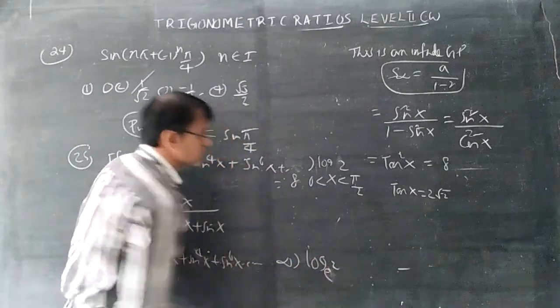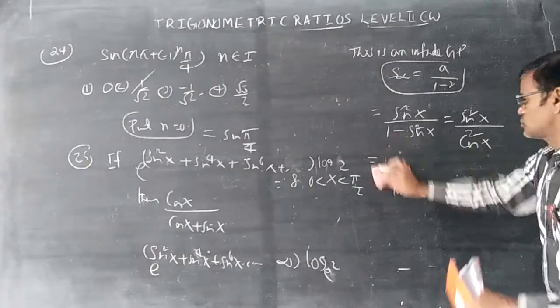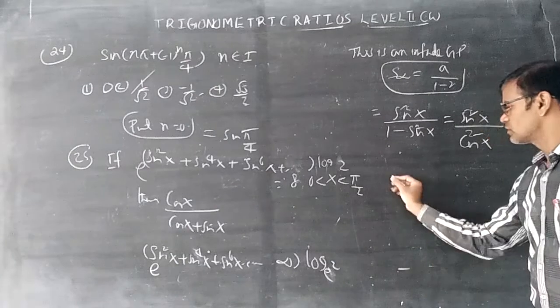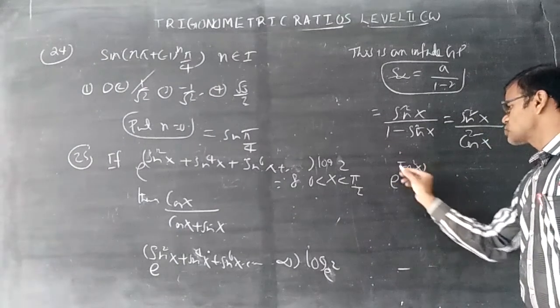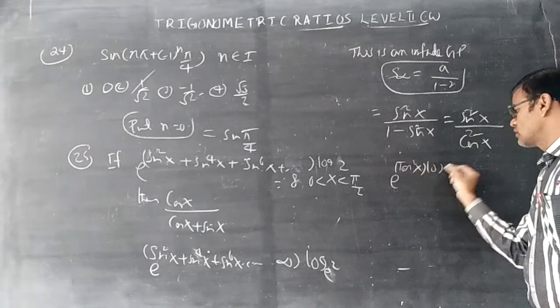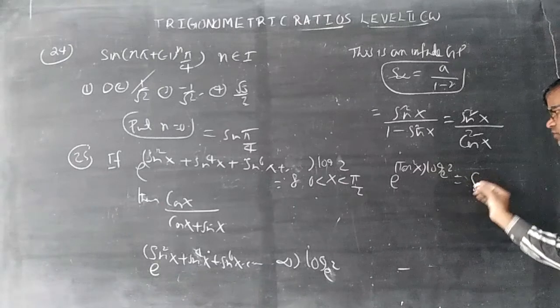Log 2 to the base e. Now you should write e power tan square x into log 2, this is equal to 8.